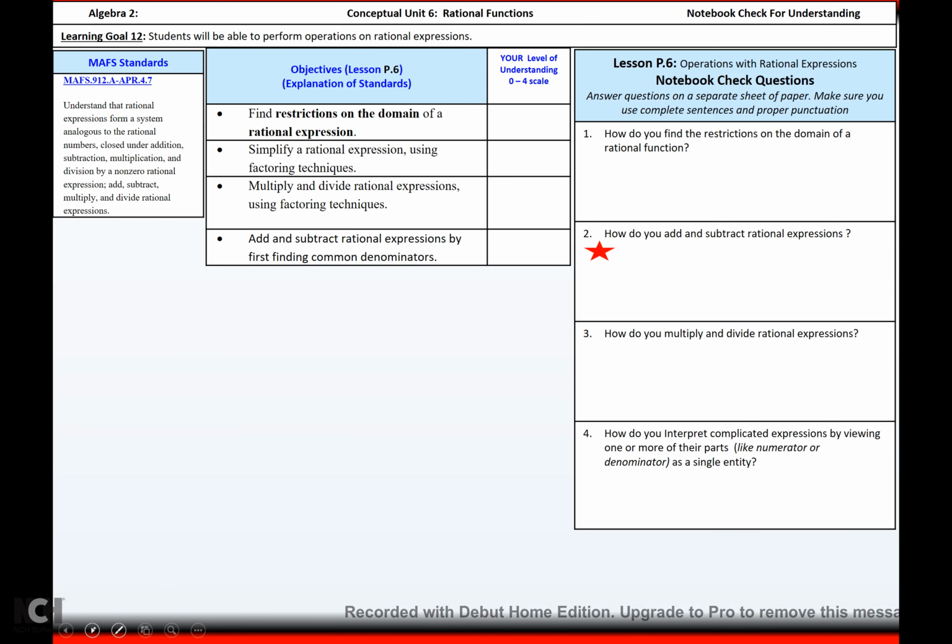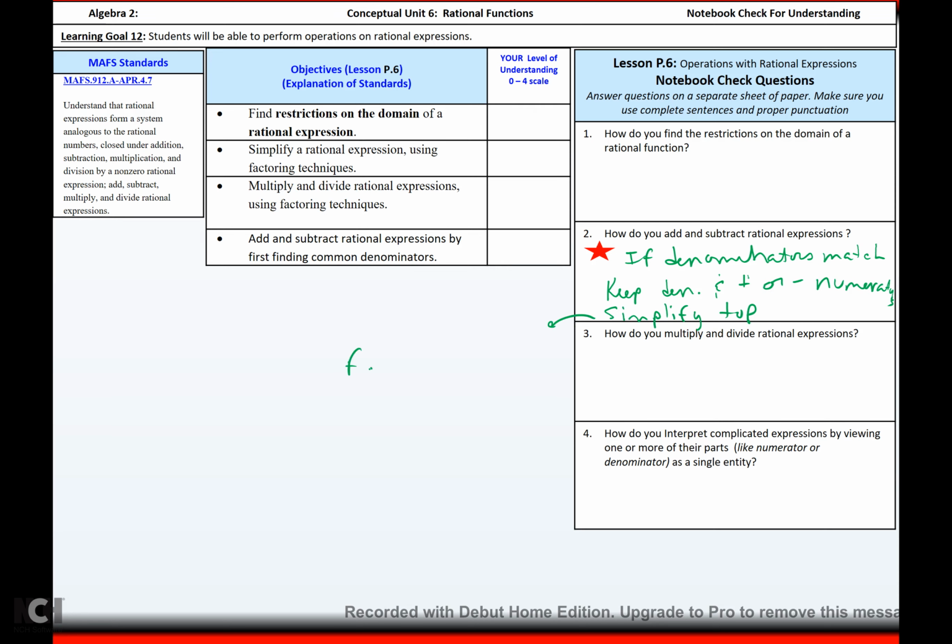Alright, so how do you add and subtract rational expressions? Well, if the denominators match, then you keep the denominator, and add or subtract numerators. Simplify the top.